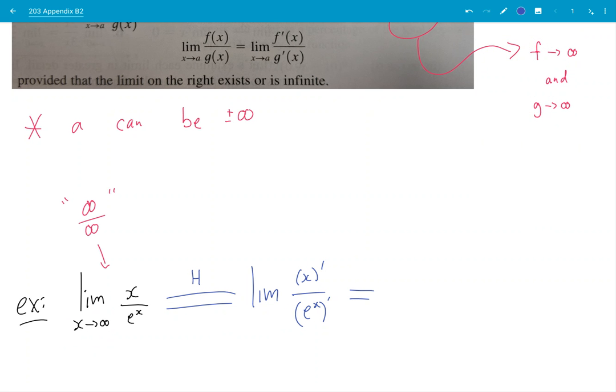So what do I get here? I get limit of 1 over e to the x. Now, why is this good? Well, it's good because this over here was a confusing situation. The numerator is going to infinity, and the denominator is going to infinity, and they are kind of working against each other, right? And I don't know who wins, but over here, it's clear who wins, right?